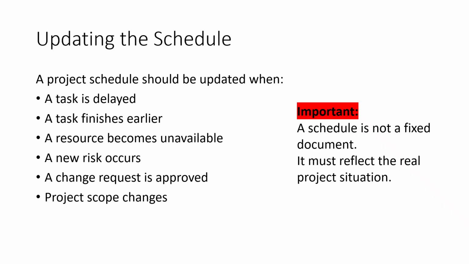For example, if a key team member becomes unavailable, the project manager must update the schedule and possibly reassign tasks. The important message here is that a schedule is not a fixed document. It must reflect the real project situation. If the schedule is not updated, it becomes outdated and no longer useful for managing the project.